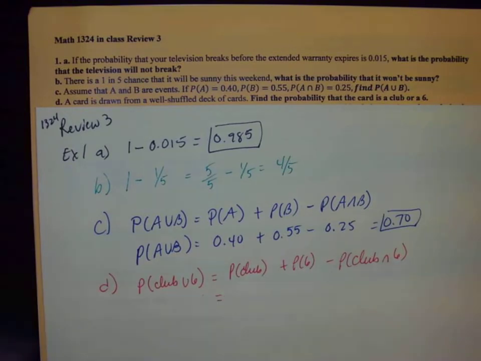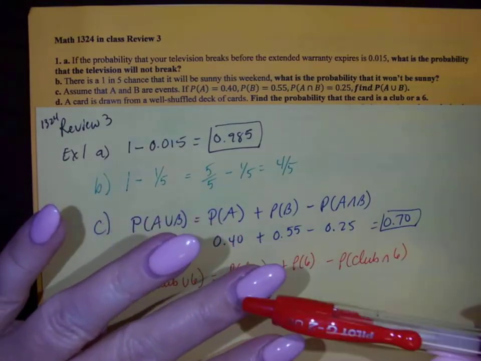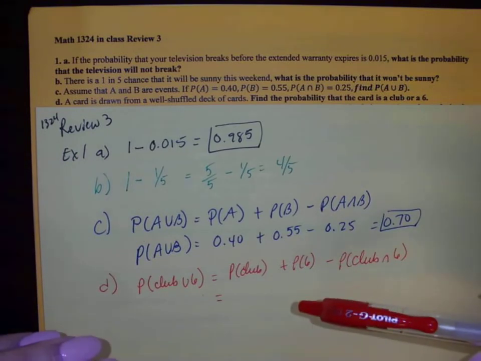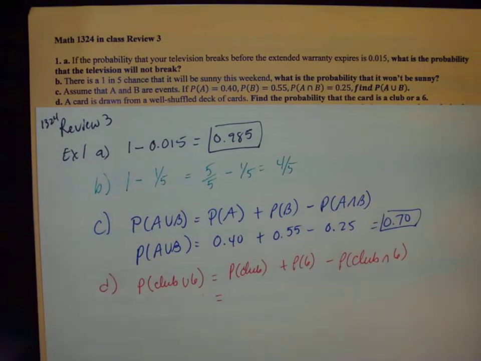So this is where these are things you have to know. There's 52 cards in a deck, and there are 4 suits. There's hearts, clubs, diamonds, and spades. And each of those suits has 13 cards. And if you don't remember that, 52 cards divided by 4 suits will get you 13 as well.